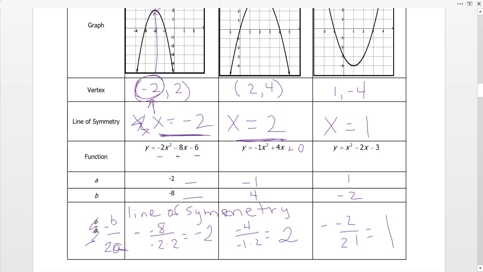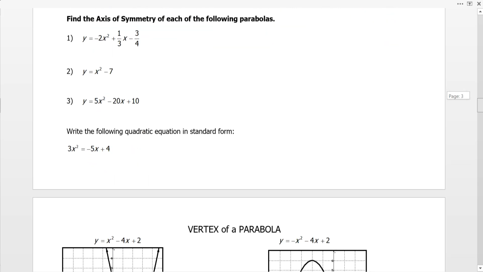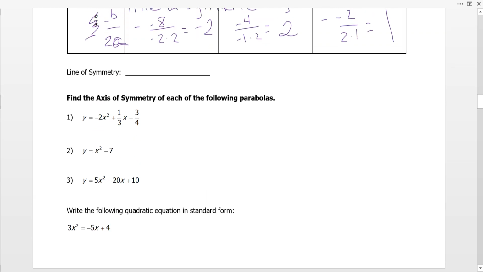All right, so let's look at the next problems. Now would be a good time to pause the video if you want to try it yourself. The line of symmetry is x equals -b over 2a. So, number 1, a is -2, b is 1/3.